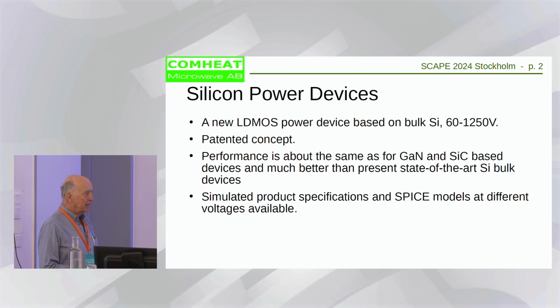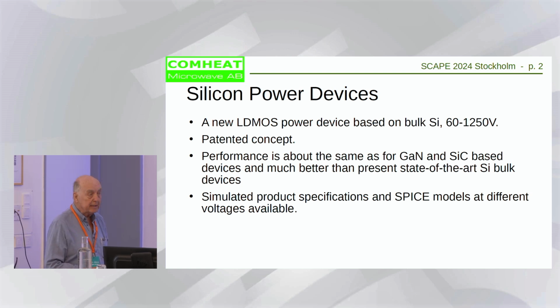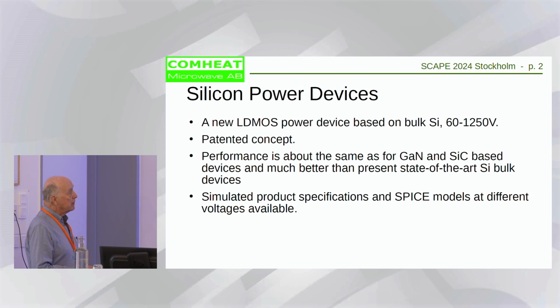And we will show later that this performance is about the same as for gallium nitride and silicon carbide, and much better than state-of-the-art vertical silicon devices. We have simulated the product specification and SPICE model at different voltages.